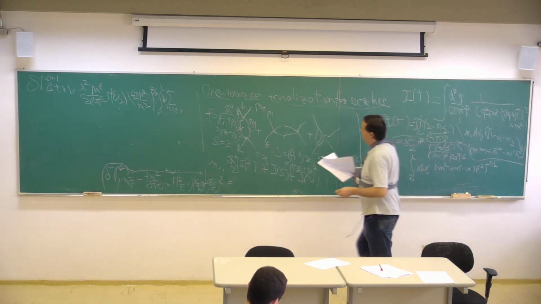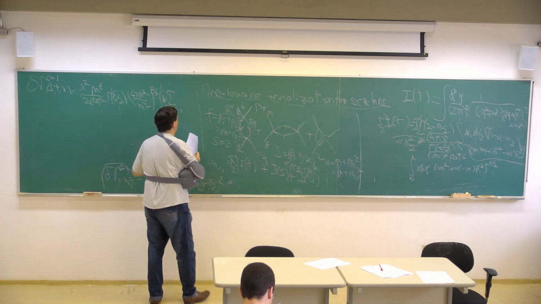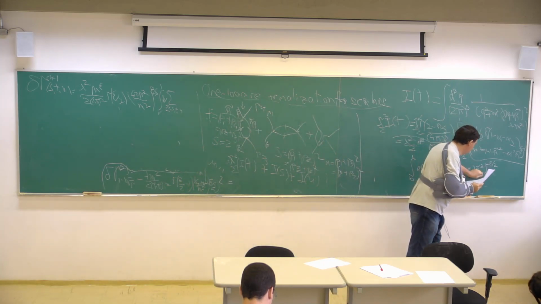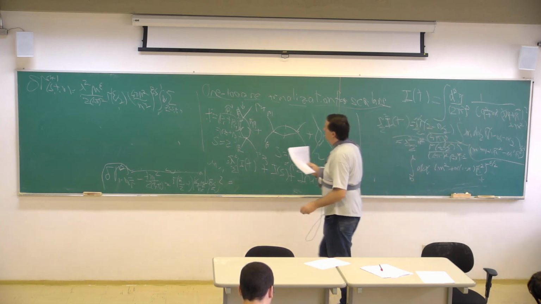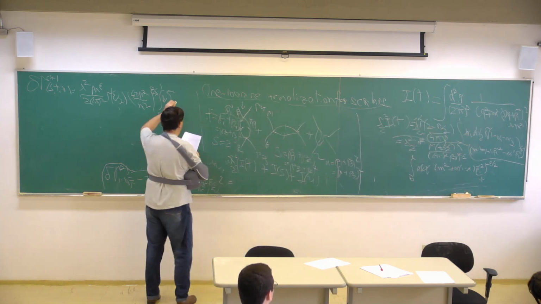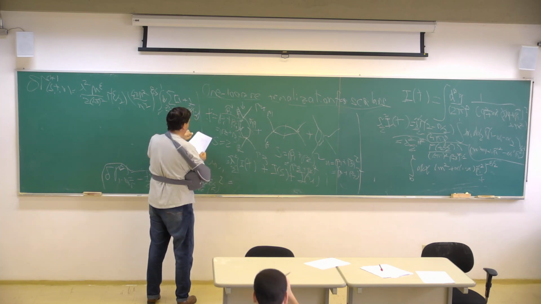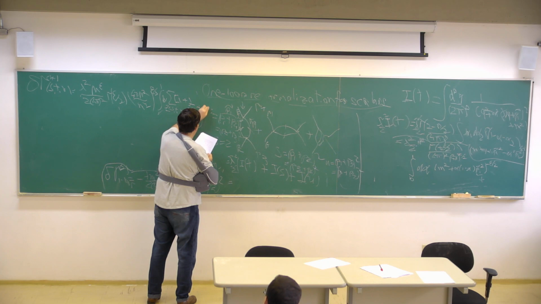Maybe not I, because I use I in a different context. Let's call it Z. Remember, here P1 tilde squared, this was what we call T. So here we have 1 plus Z alpha (1 minus alpha) to the power minus epsilon over 2.